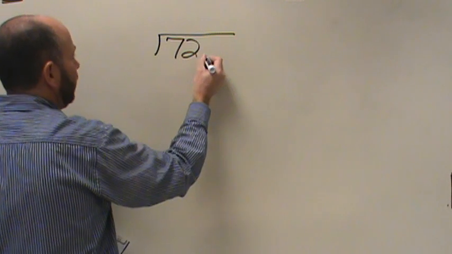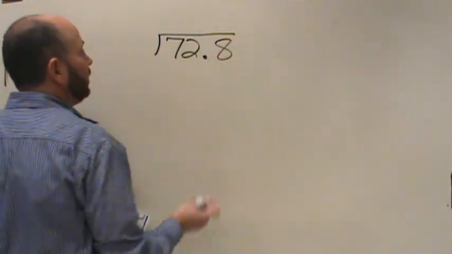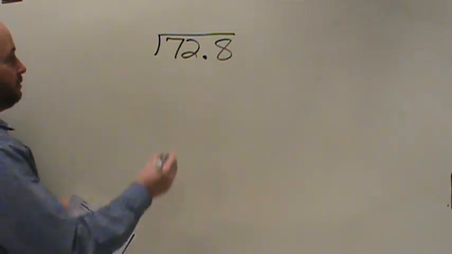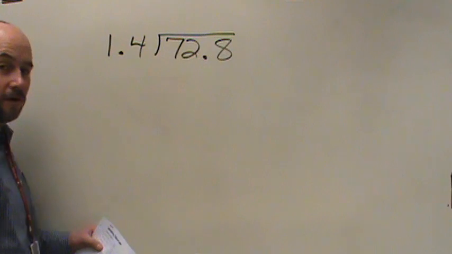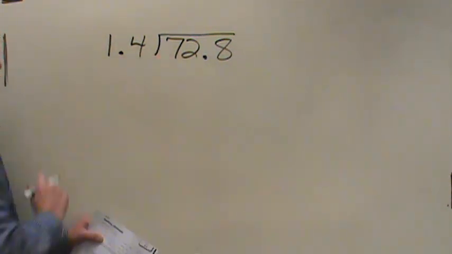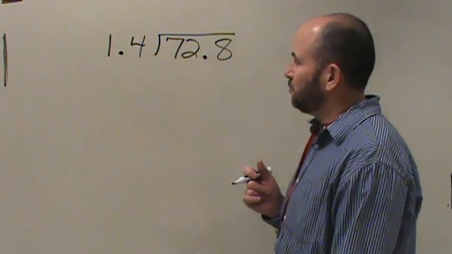Let's try this problem. 72 and 8/10 divided by 1 and 4/10. Give that problem a try. Okay, now we have this one ready to go.